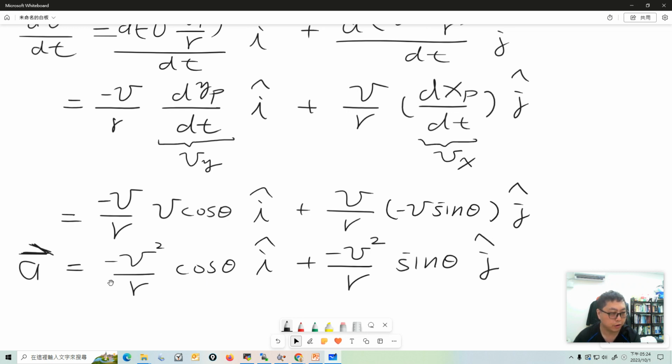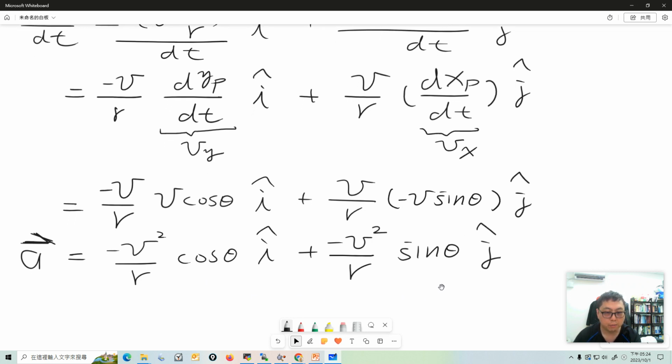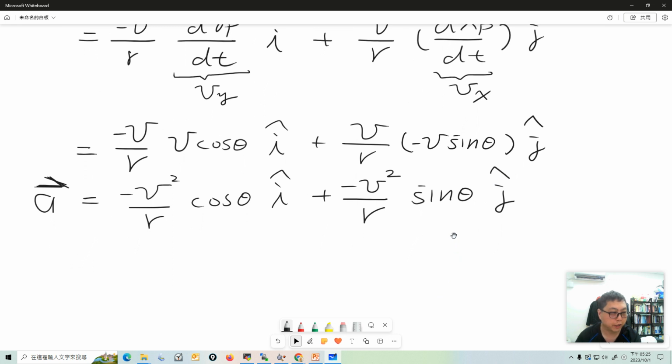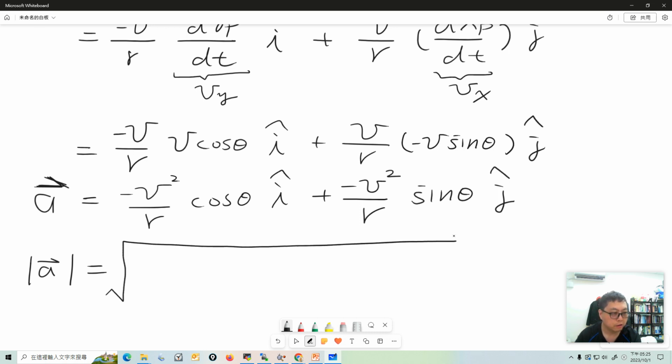This is the centripetal acceleration vector. But right now, what we want to calculate is the magnitude of the centripetal acceleration vector. So you just put this in and take the square root of the sum of squares.